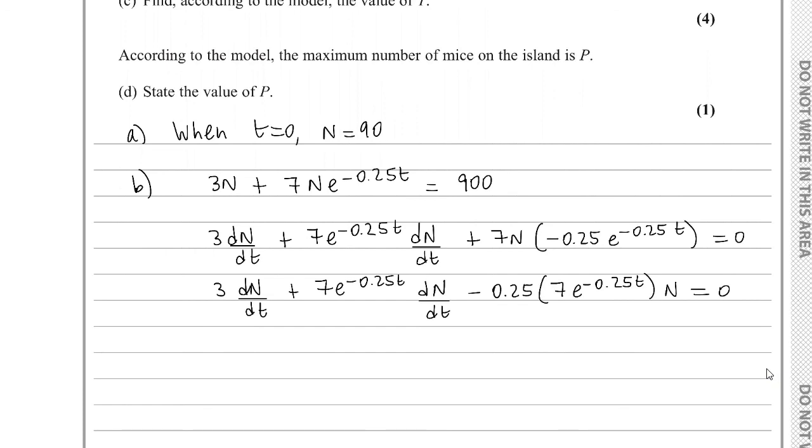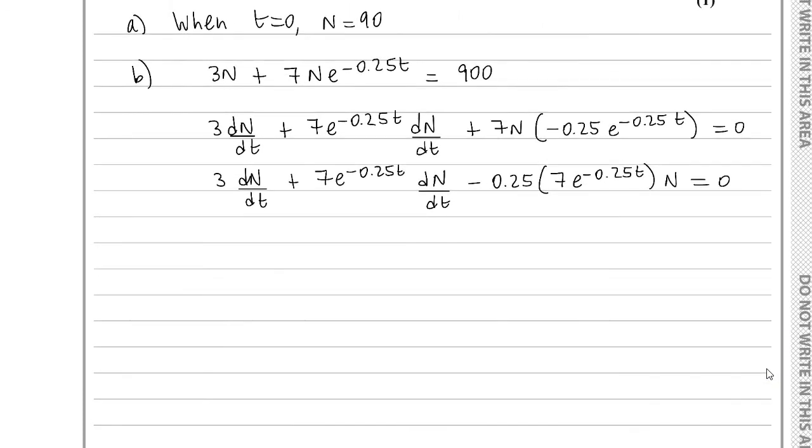So actually, by revisiting the expression for n in terms of t, maybe we could find a way of expressing 7e^(-0.25t) in terms of n. So this is what we were originally given.